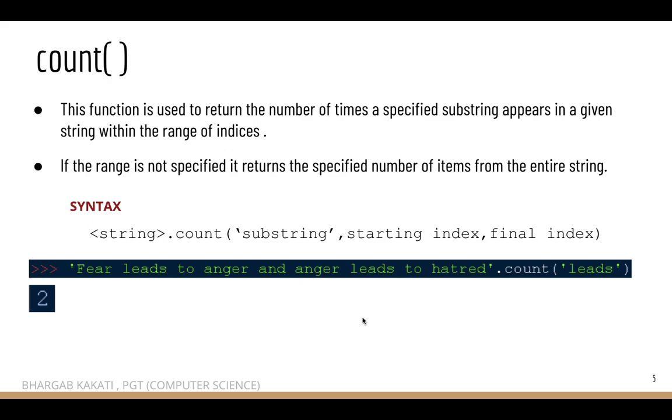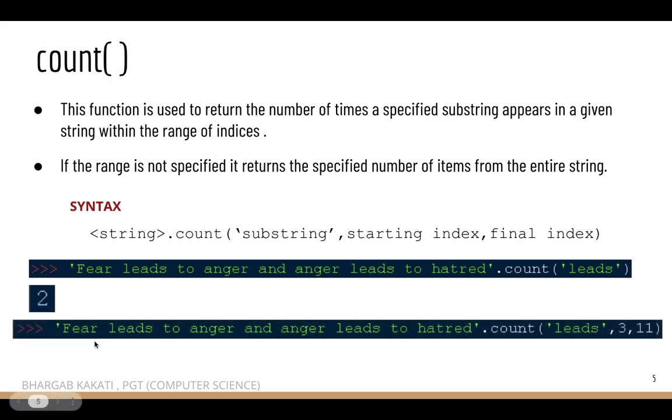Now if I consider a second case where I use the same string, that is fear leads to anger and anger leads to hatred, dot count, then substring I gave as leads again, comma 3, 11. That means within this range 3 and 11, it will see how many times the substring leads has occurred. If I count the indexes, this is 0, 1, 2, 3.